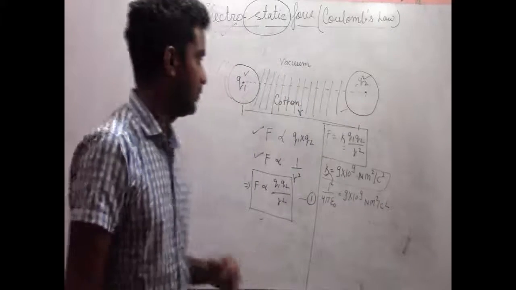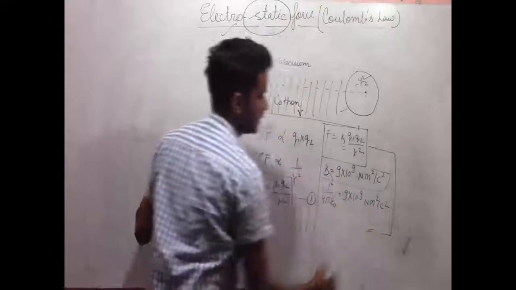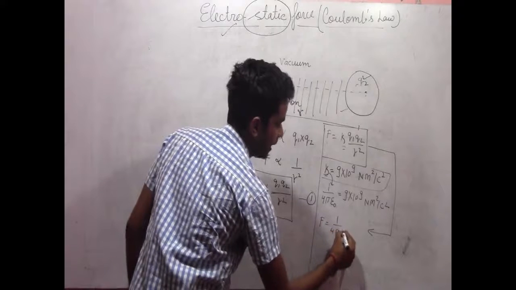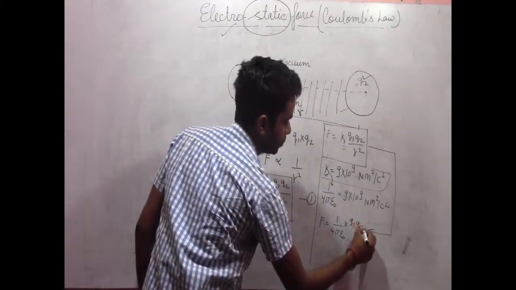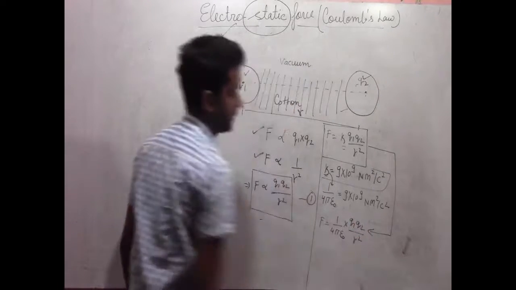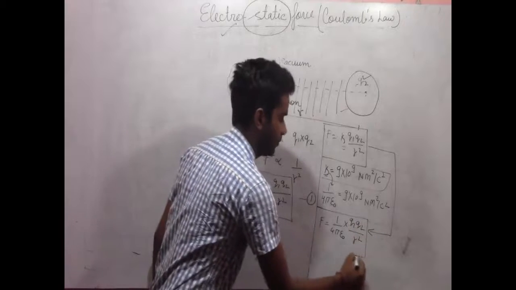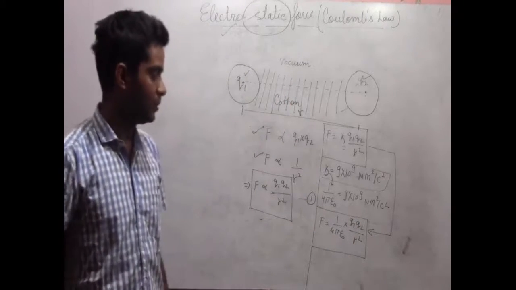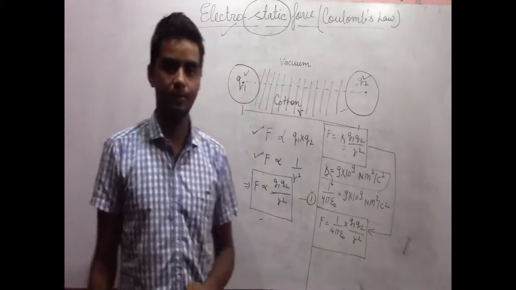Now if you reassemble this equation, it becomes F is equal to 1 by 4 pi epsilon naught into Q1 Q2 upon R square. This is the exact form of Coulomb's law.